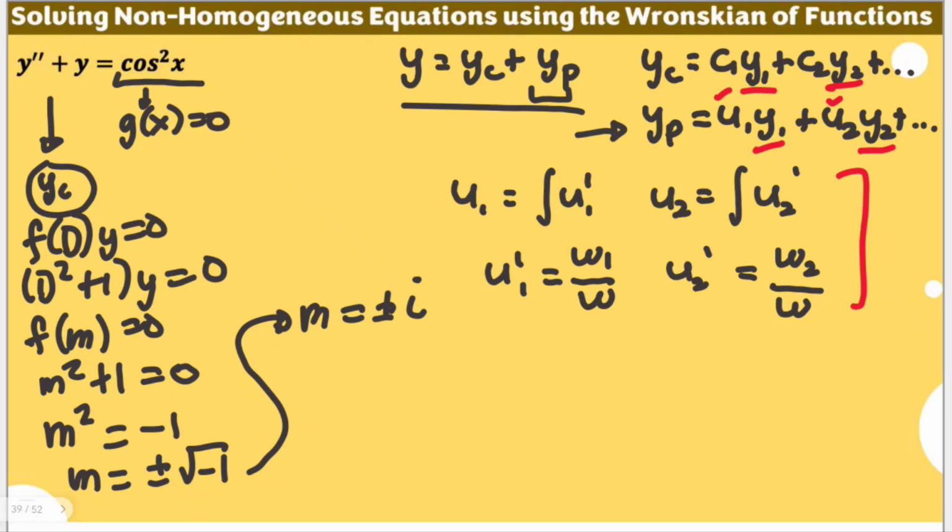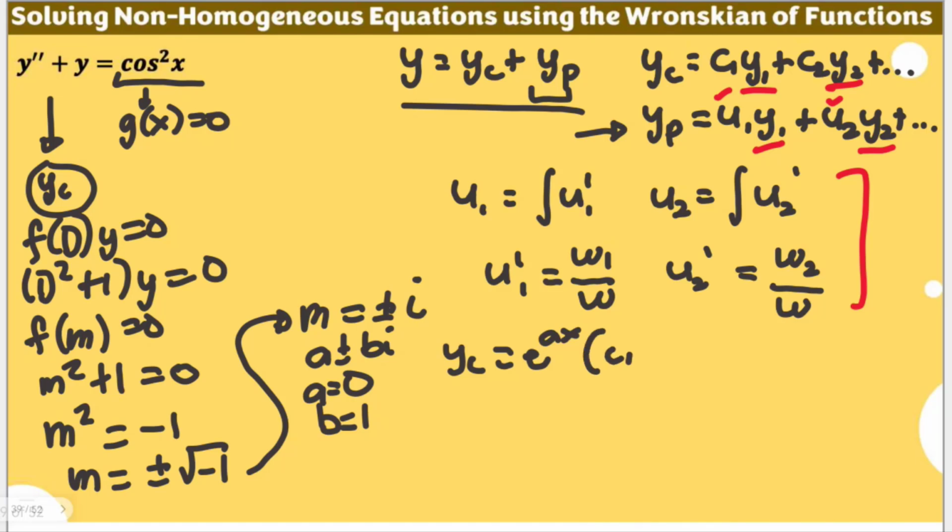Now, following the format for imaginary roots, our a here is 0 and our b is just 1. We need this because the general solution for the auxiliary equation for our y sub c with imaginary roots follows this idea: e to the power of ax times c sub 1 cosine of bx plus c sub 2 sine of bx.